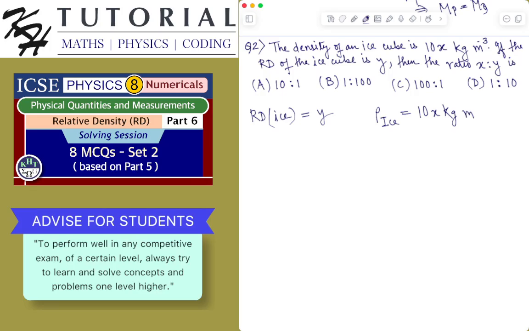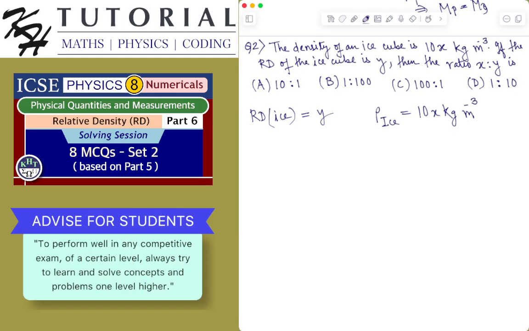kilogram per meter cube. Now, whenever you solve numerical problems, always be consistent with what system of units you are using. For problems related to density or relative density, either you use the SI system or the CGS system. Now I know that the relative density and the density are related to each other by a formula.